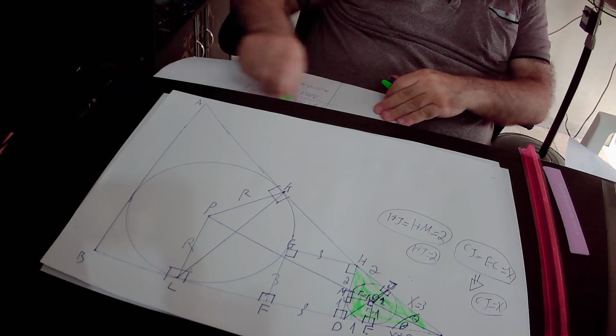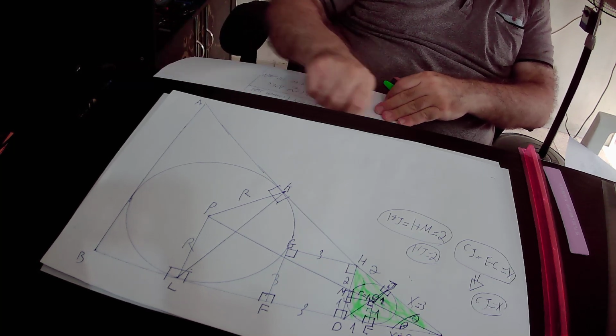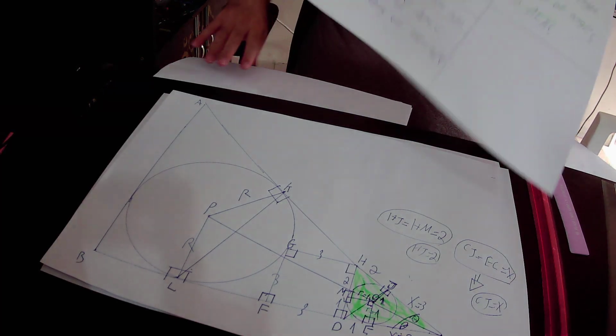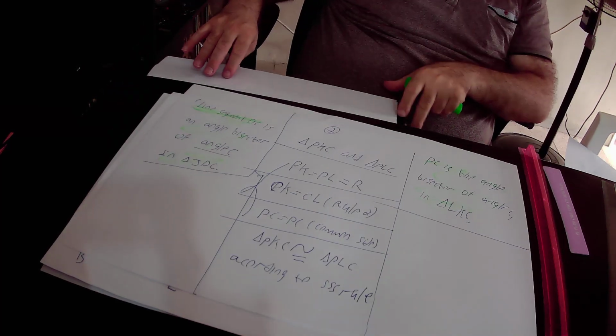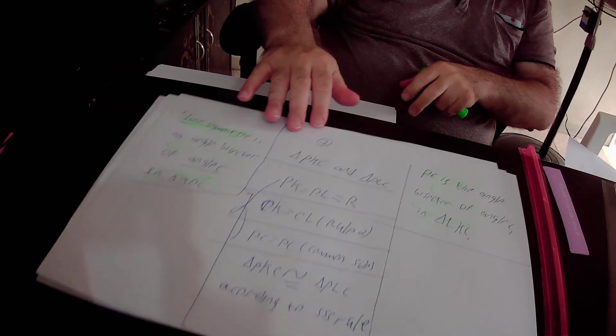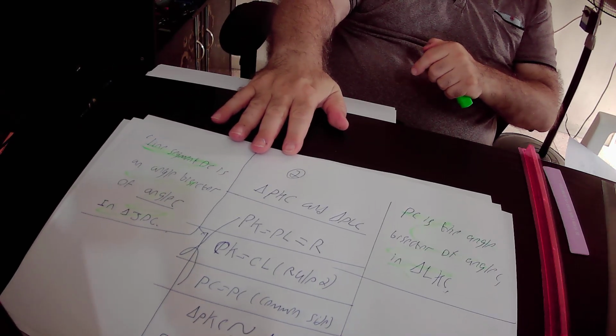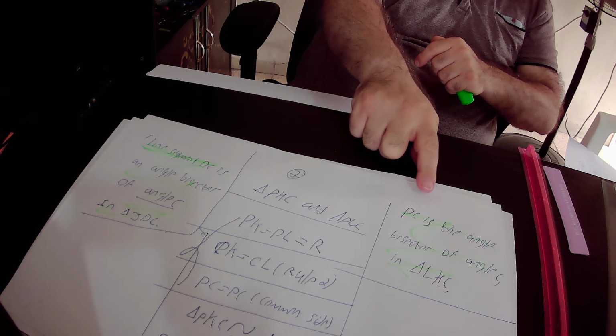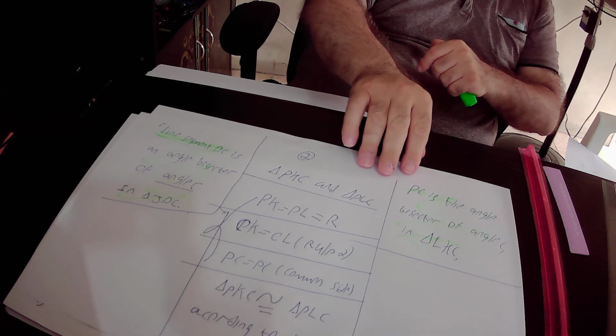I'll repeat again. Here, PC is the angle bisector of angle C in triangle LKC.